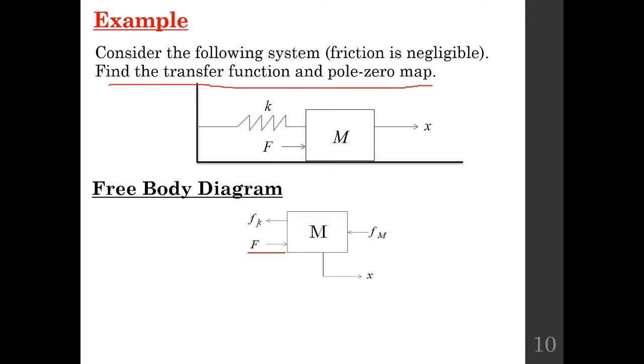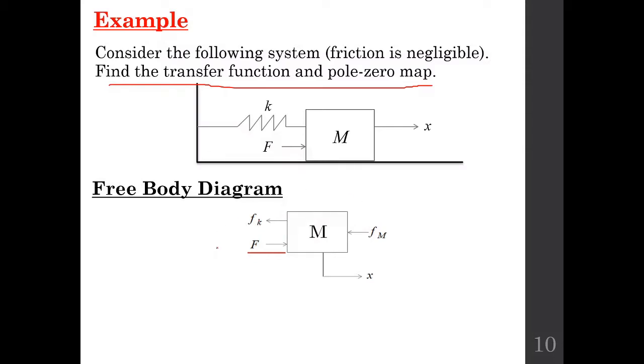So this F of k is the force applied by this spring in the opposite direction to the applied force, and this is the inertial force of the body. If the applied force is in this direction, then all the other forces will act in the opposite direction, as you can see from the direction of these arrows.